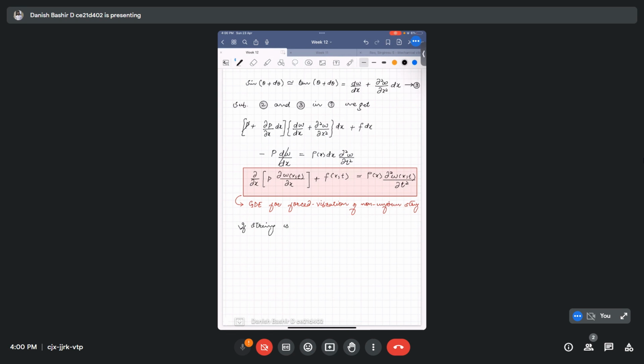String is uniform and tension is constant. Then our equation will boil down to P, because here P tension is constant, so it will come out of the differential. It will be dou 2 w by dou x square, where w is actually a function of space and time, and it will be equal to rho dou 2 w by dou t square.